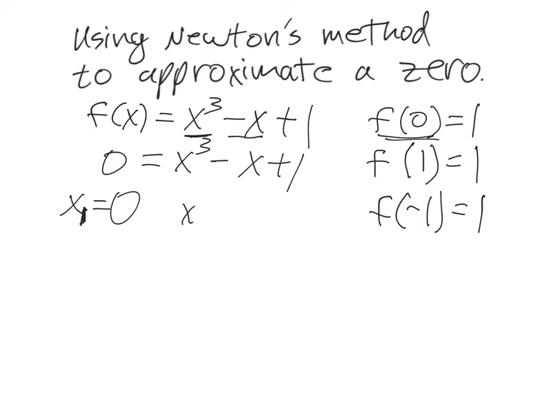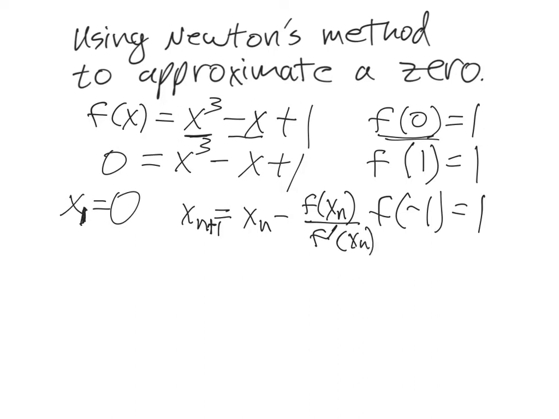Now, the formula here for our next approximation, do you remember what that will be? It's the initial x value, then minus the function over the derivative, the function evaluated at our initial point divided by the derivative evaluated at that initial point.